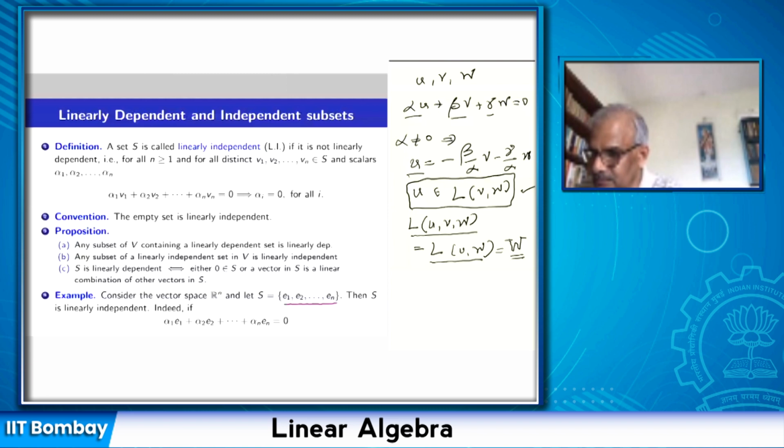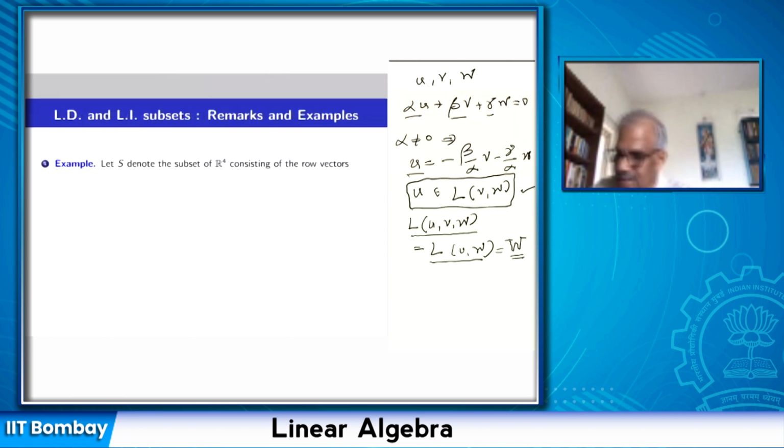Because of the structure of E1, E2, up to En, the linear combination is nothing but the column vector alpha 1, alpha 2, up to alpha n. This is equal to 0 if and only if each alpha i is 0. So E1 up to En are linearly independent.